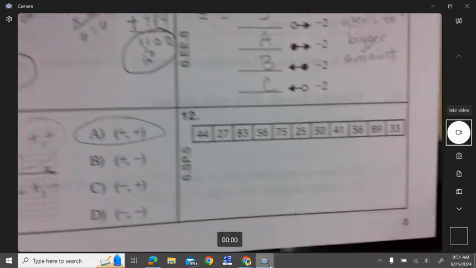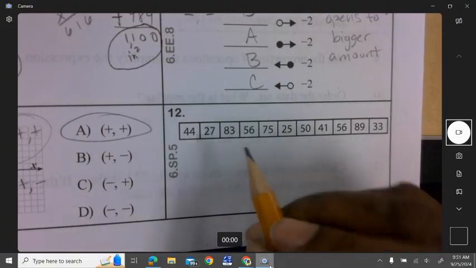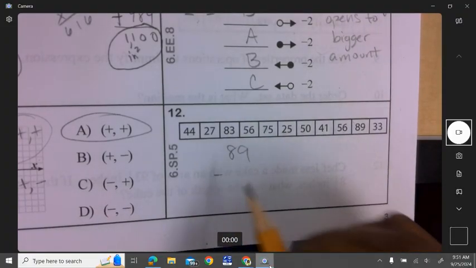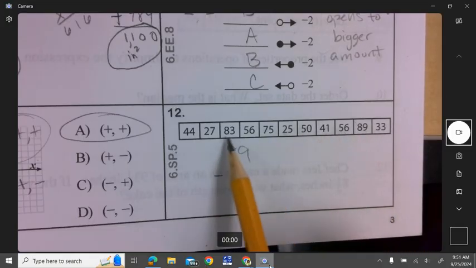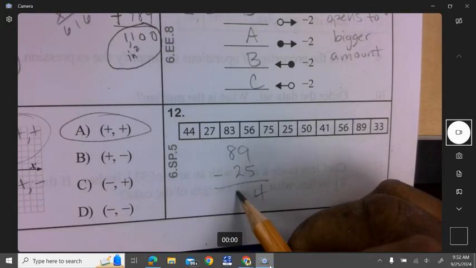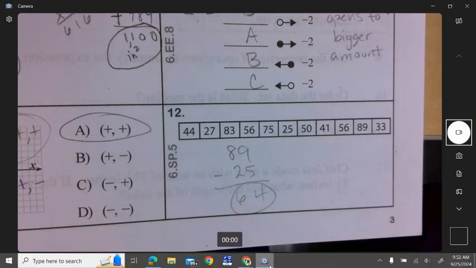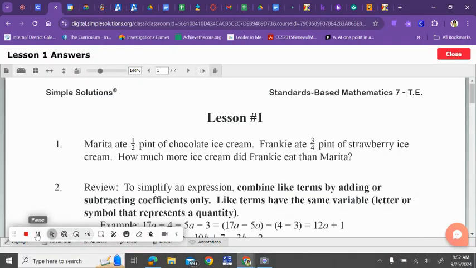So the biggest number on here is 89. The smallest number is 25. So there's the range. And that is lesson 1.